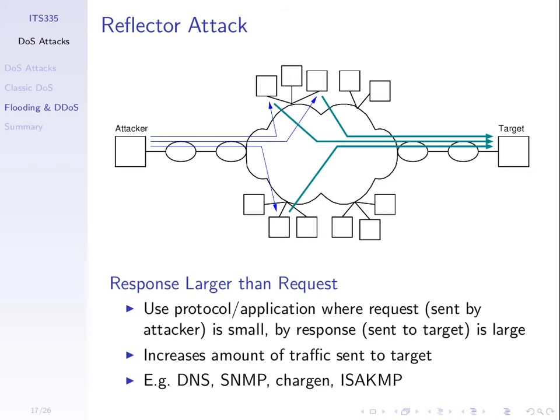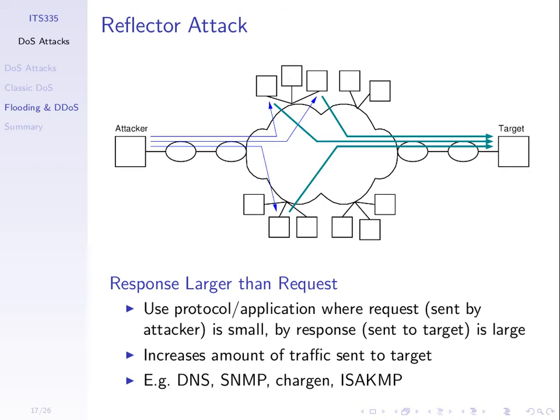TCP will slow down automatically if the capacity starts to get overloaded, so protocols that use TCP are typically not used in such an attack. If we were sending fast and this was trying to send fast to the target, TCP has built-in flow control mechanisms to slow down the sending rate if the capacity becomes full.